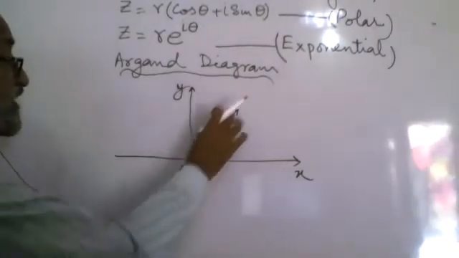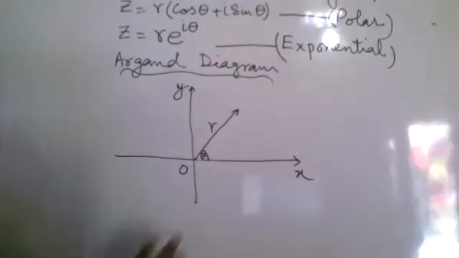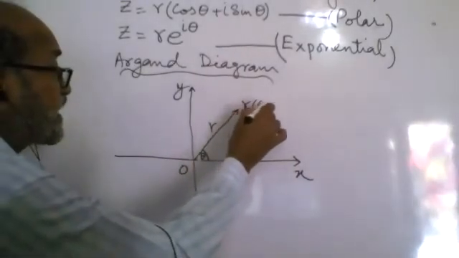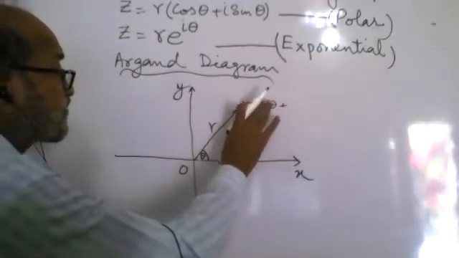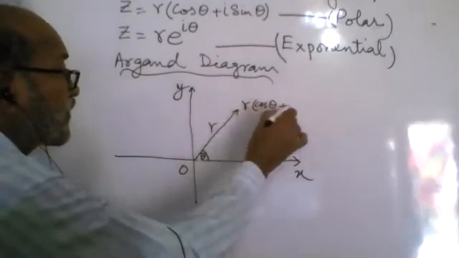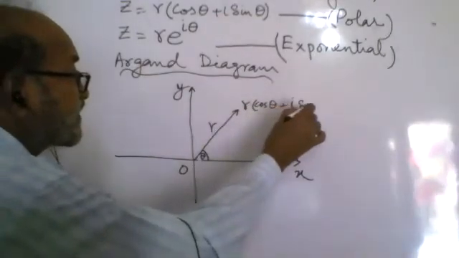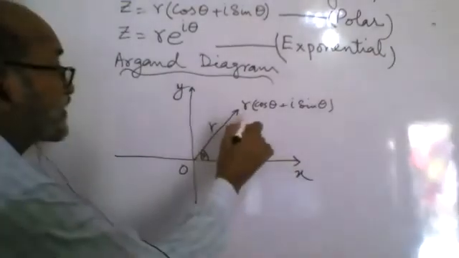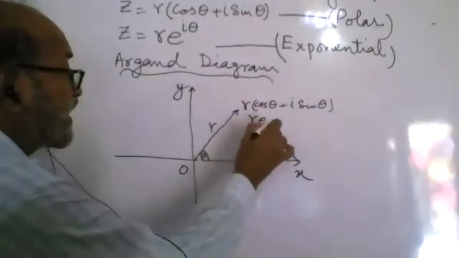This arrow length will show the r. So now this is r cos theta plus iota sin theta or r e raised to power iota theta.